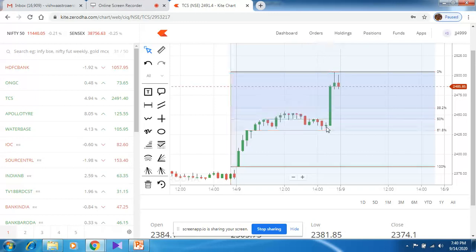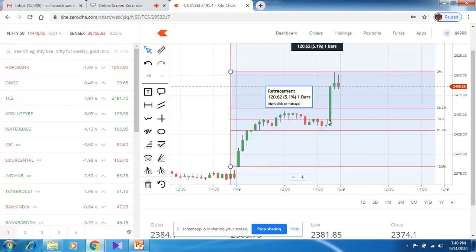Afterwards, straight away, buyers came over here and started buying the stock. Once it crossed 50%, it was obvious that more people would enter. So the stock went higher and higher. Later it also tested 38.2, and once it crossed 38.2, people had confirmation that the stock would go further up.